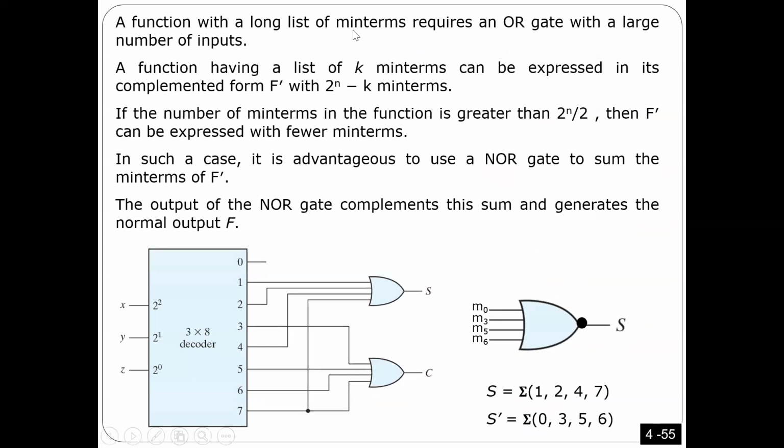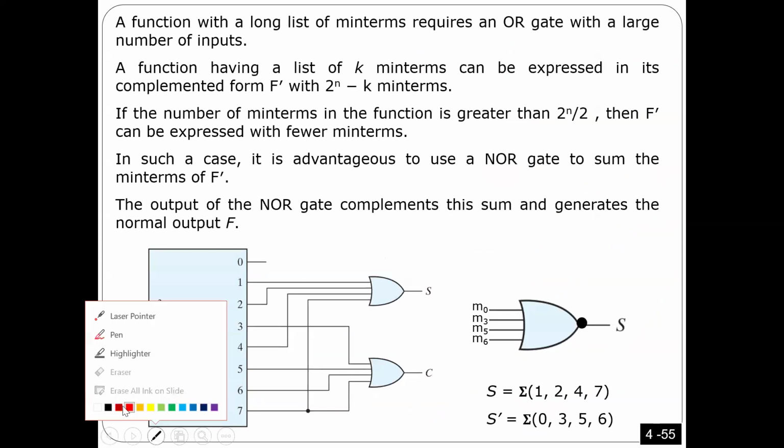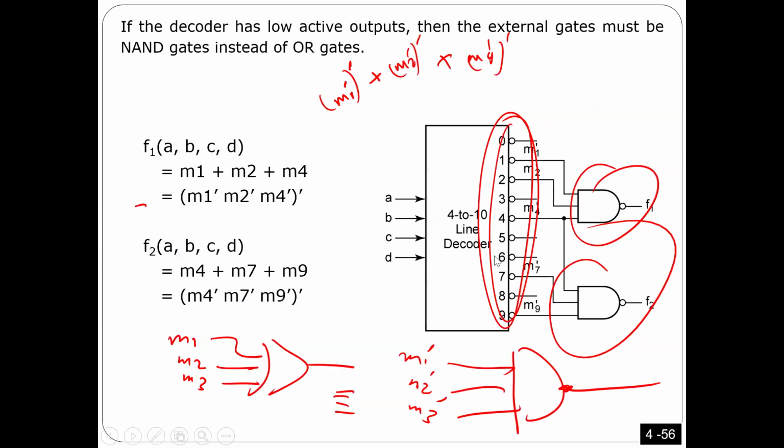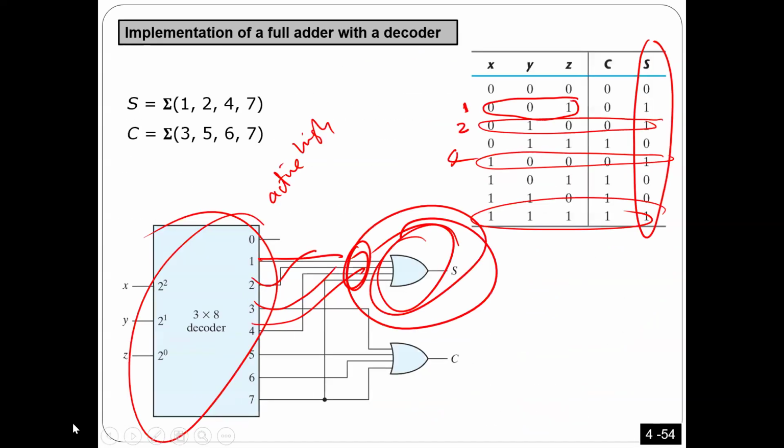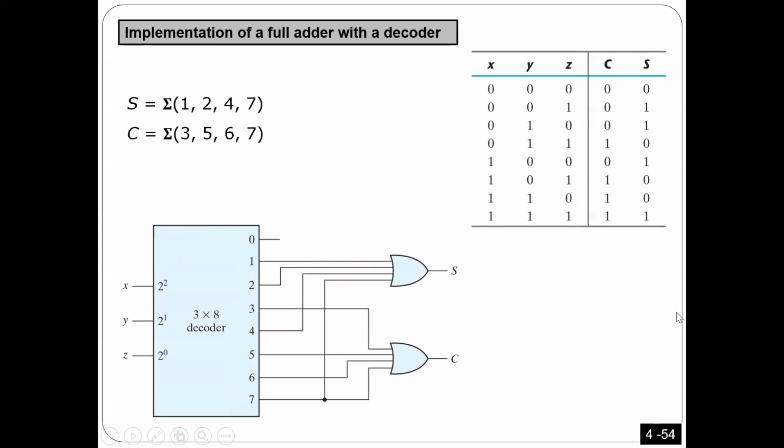The one thing I want to explain here is, look here, guys. When I tell you S is equal to 1, 2, 4, 7, actually S prime should equal the other ones we have here, which are number 3, 5, and 6. 1, 2, 3, 4, 5, 6.